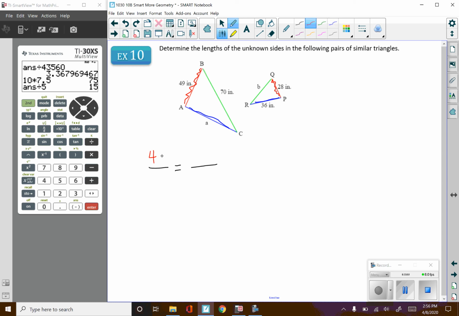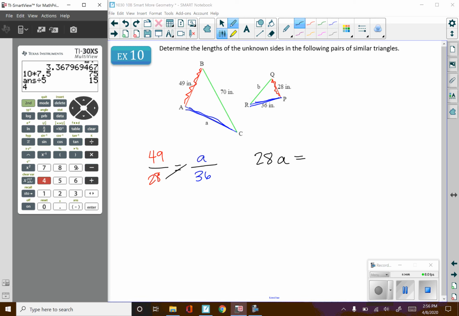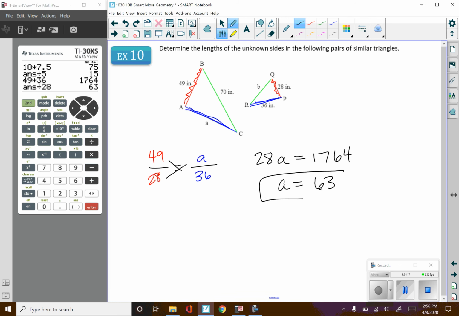So red over red equals blue over blue. So if we solve that, we get 28A is equal to 1764. And now we divide by 28 to get 63.